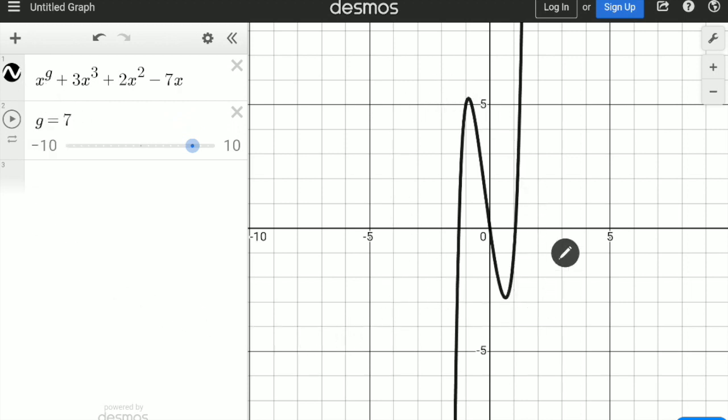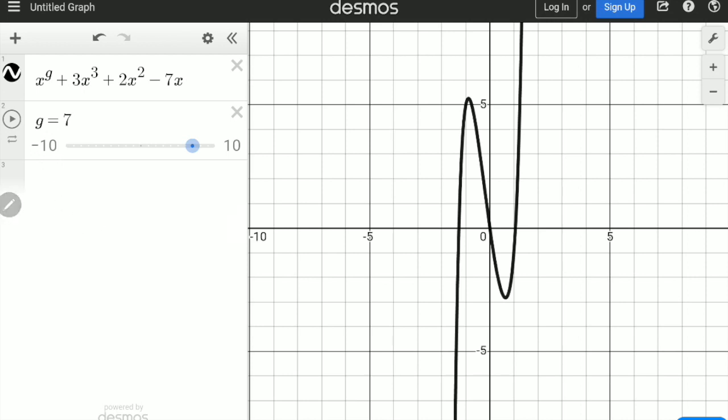But this middle stuff does not have any effect on what the end behavior is. Whether we only had that first term, the left side was pointing down and the right side was pointing up, or whether we get this super complicated equation, we still have the left side pointing down and the right side pointing up. So no matter what other terms we have, only that first term, that highest powered term, actually affects the end behavior of a polynomial.